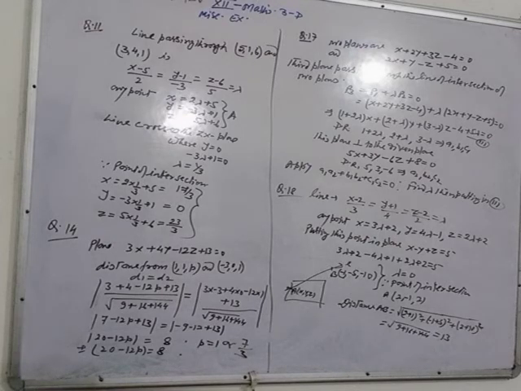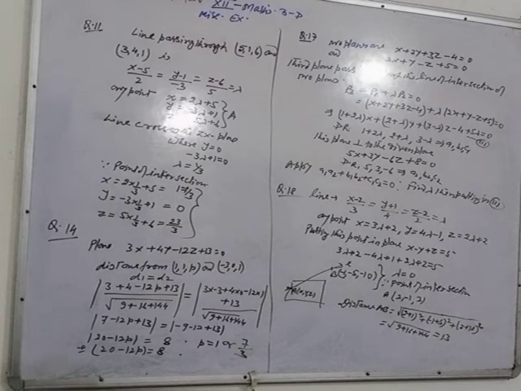If the line intersects the plane, put the coordinates of the point determined from the given line in the equation of the plane. So in place of x, y, z in the plane, put the coordinates. After putting the coordinates, you get the value of lambda as 0.